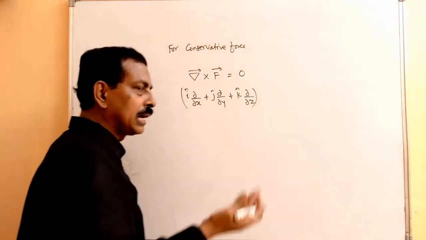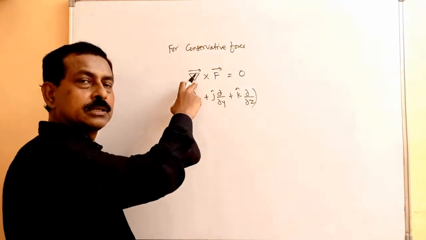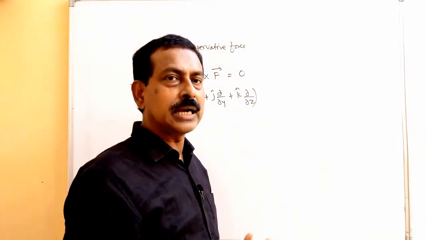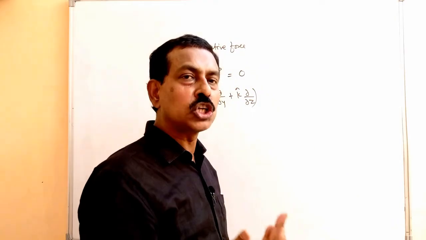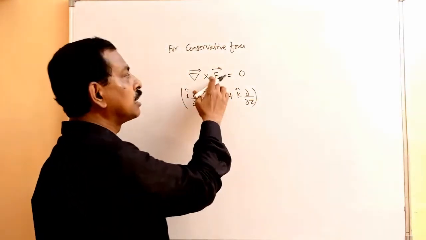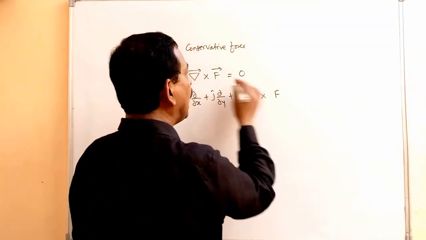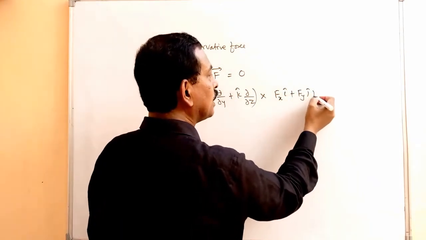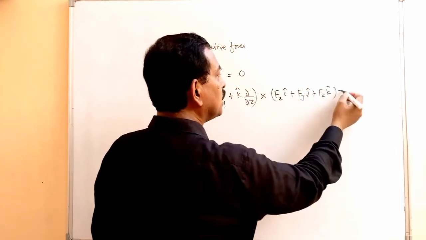Of course, when you go to the higher class, you will know that this is an operator, and if you take its dot product with a function, it is called the divergence of that function. If it is the cross product, then it is called the curl of that function. Here we call it curl F, because we are taking the cross product. And for force we can write it as Fx i, Fy j, Fz k. This is 0.